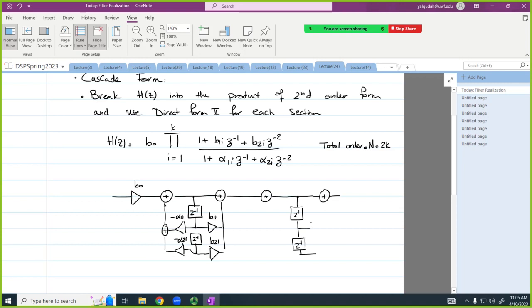Okay. So the same thing, b1i, b2i, alpha 1i, alpha 2i, all the way to b1K, b2K, and then added them together.